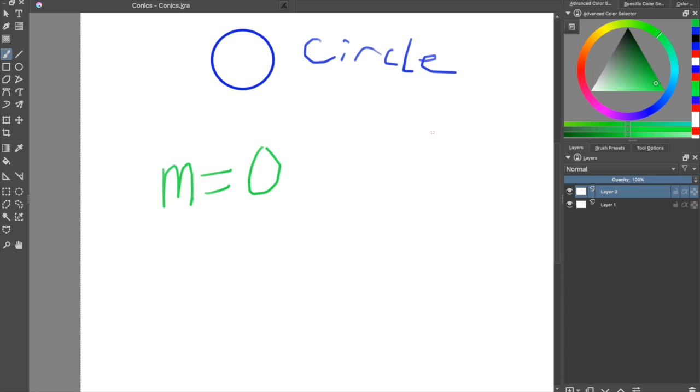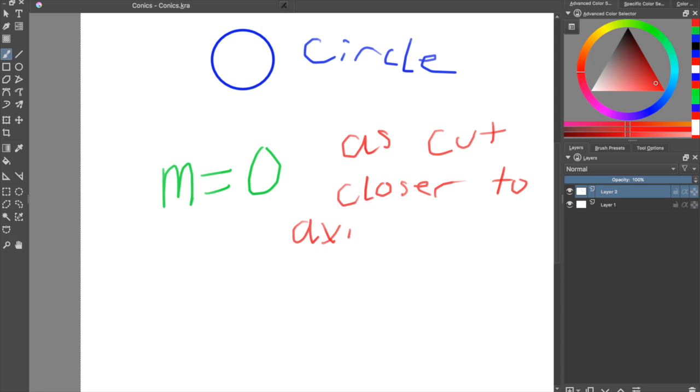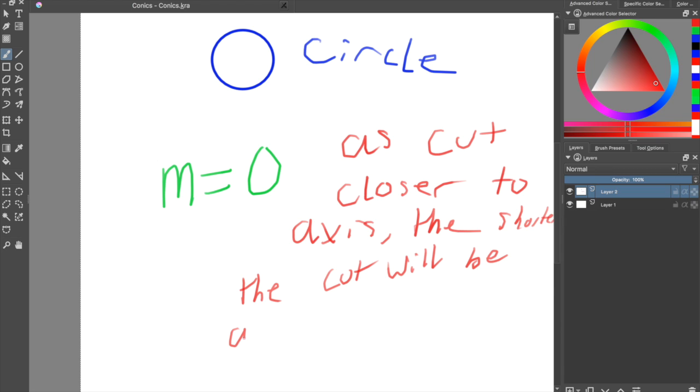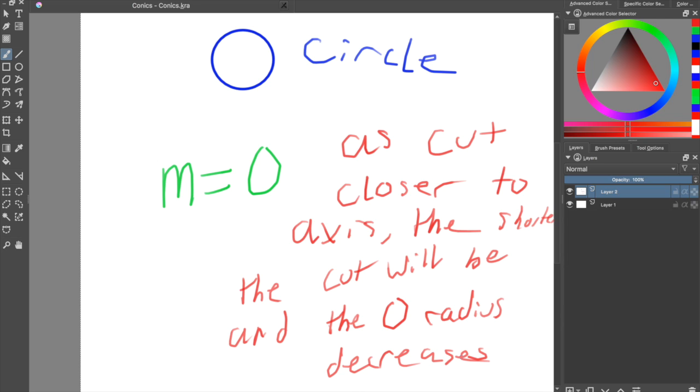So this tells us that as the cut gets closer to the axis, the shorter the cut will be, and the circle's radius decreases. That's interesting.